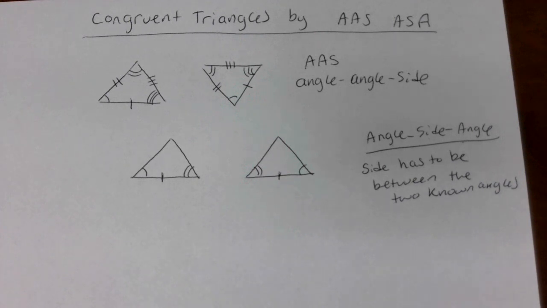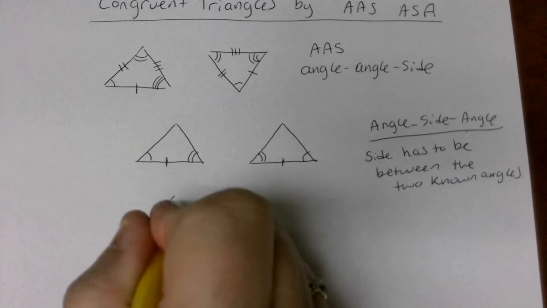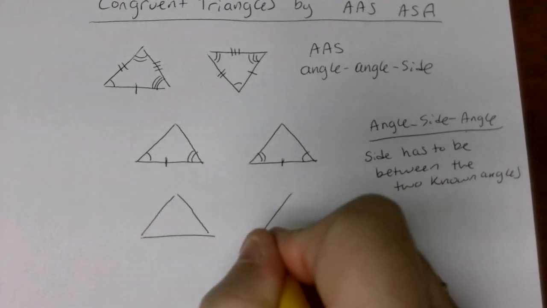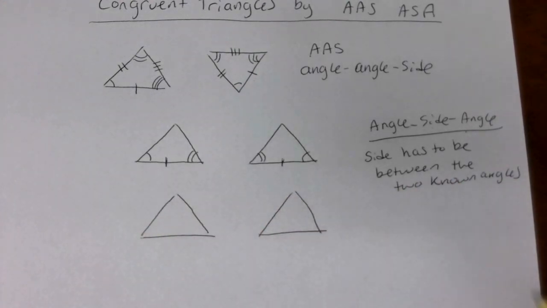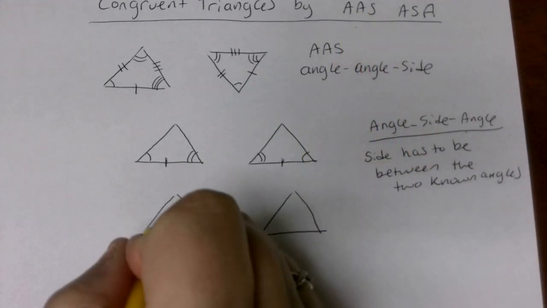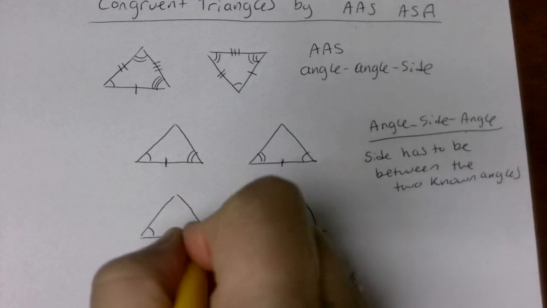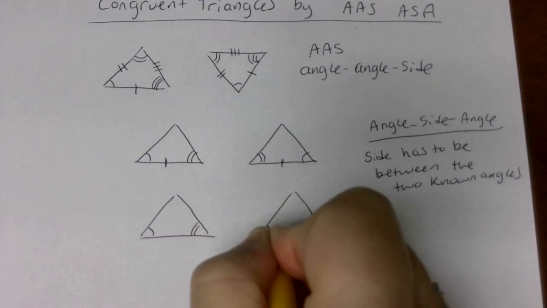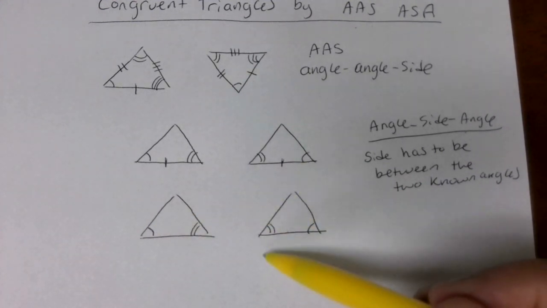Now, it's very, very similar. So let's say I'm going to look at 2 more triangles. So our other one is angle, angle, side. So let's just kind of show, just like I did with this last one, that those angles are the same. So far, there's really no difference between them.